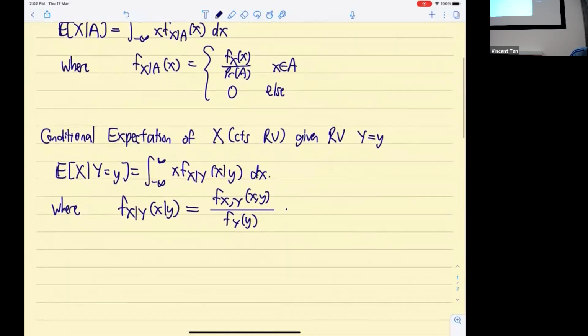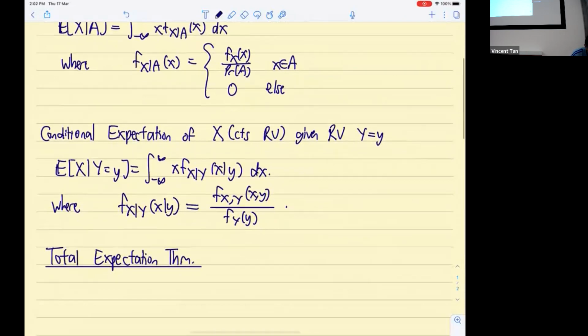So now let us talk about a very important theorem, which I also examined you on the quiz, which is known as the total expectation theorem or the law of total probability or total expectation. That doesn't really matter.